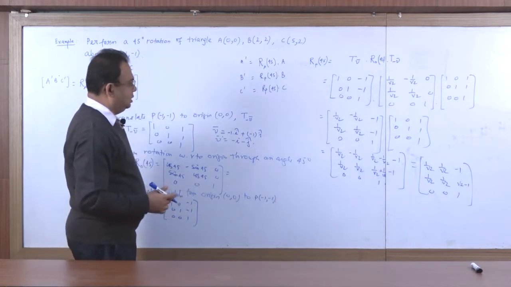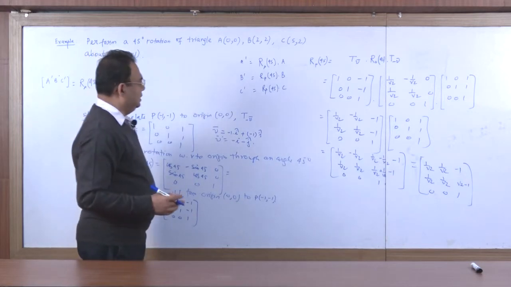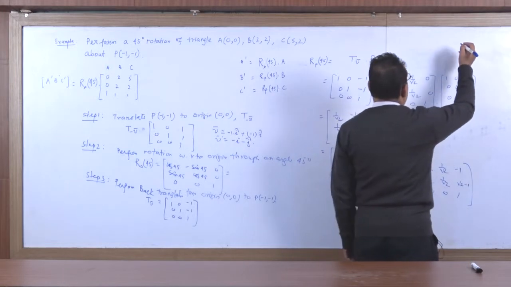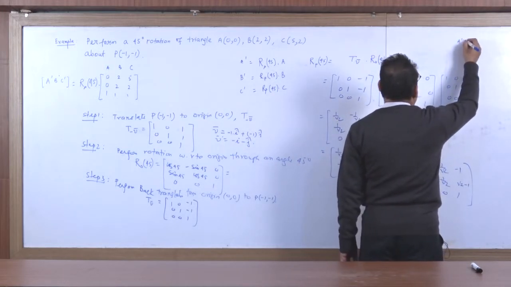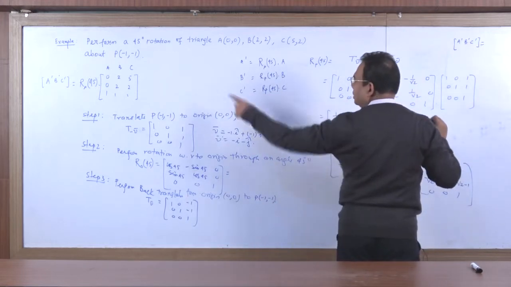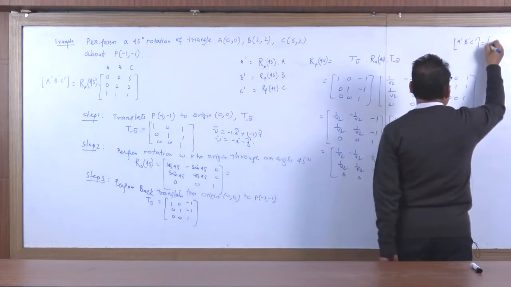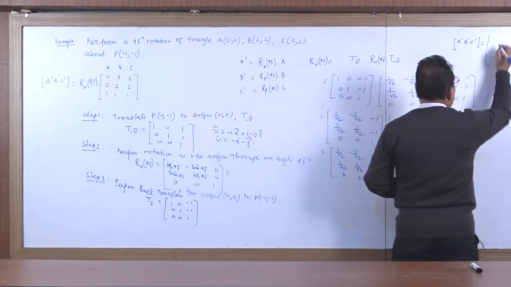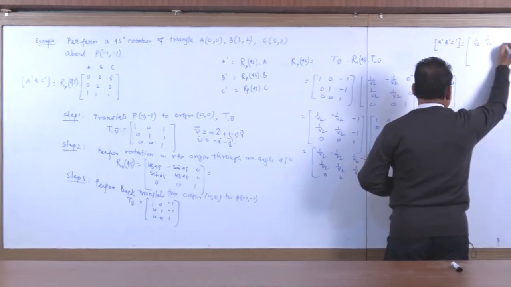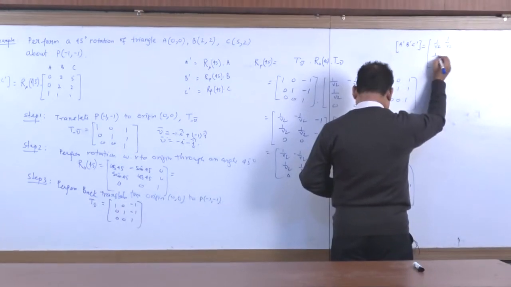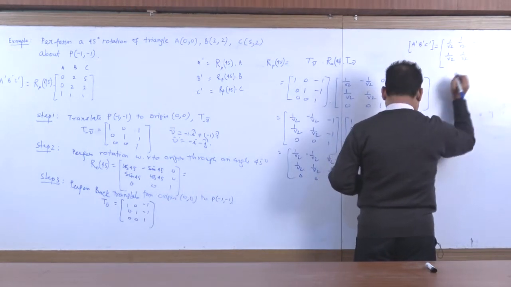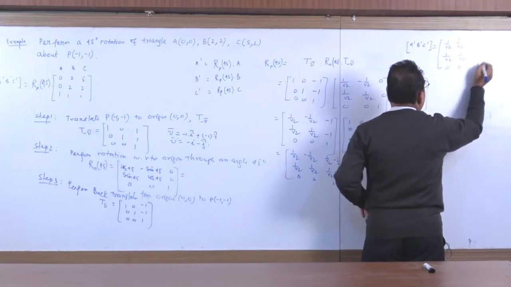Now, this operator will be operated on the object point, that is this point, and we will get the corresponding transformed points. Now, when we apply this, let us see that A dashed, B dashed, C dashed is obtained by multiplying this operator, 1 by root 2, 1 by root 2, minus 1, this is 1 by root 2, 1 by root 2, root 2 minus 1, and this is 0 0 1.